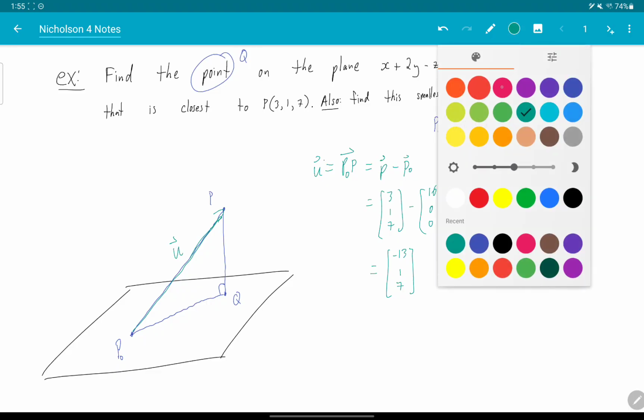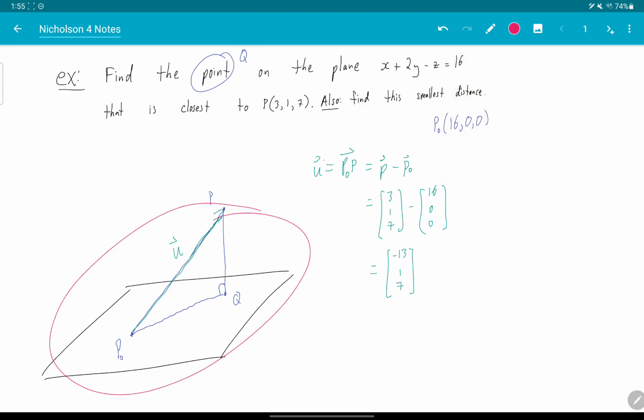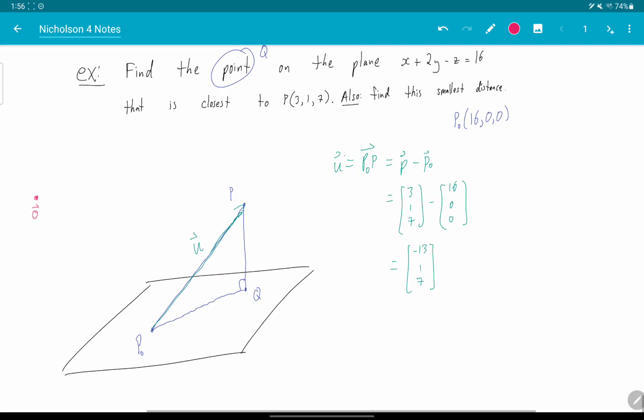Now my trick will be to use the normal vector for this plane. So let's draw the origin. Whatever, it doesn't matter. Just let's say that the origin is over here. And then my normal vector for this plane is going to be pointing, we'll say, straight up.